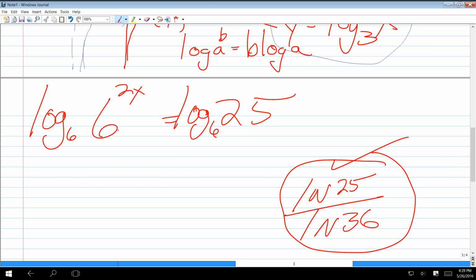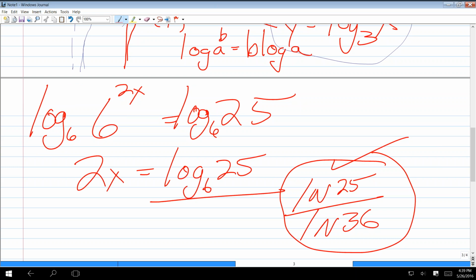Which seems right because when I take the log base 6 of 6 to some exponent, it's equal to that exponent. In other words, this part of it is always 1. Okay. Right. So now I have 2x equals the log base 6 of 25, and then I can divide both sides by 2 to get x.